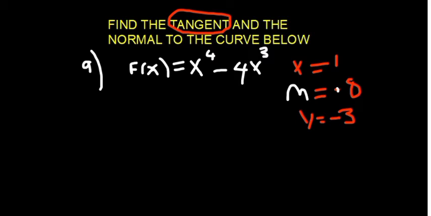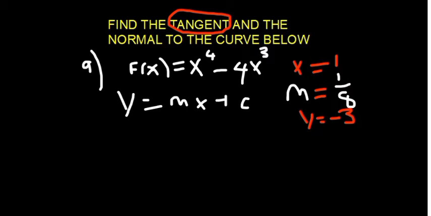So we have positive 1 over 8 as our gradient for the normal. So again, we know it's a straight line, of course. So y is equal to mx plus c. That is the general form of a straight line. Then what is our y coordinate? Our y coordinate is negative 3. What is our gradient? Our gradient is 1 over 8. What is our x? Our x is 1, which will not change anything.